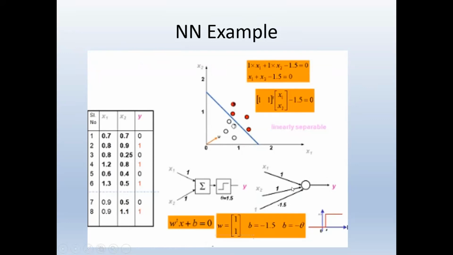So I can say that this neural network has 100% generalization. Using this testing data, we are getting 100% generalization, or I can say that this neural network has 100% testing accuracy. So we have completed a very simple neural network design. This kind of approach works if the data is linearly separable.